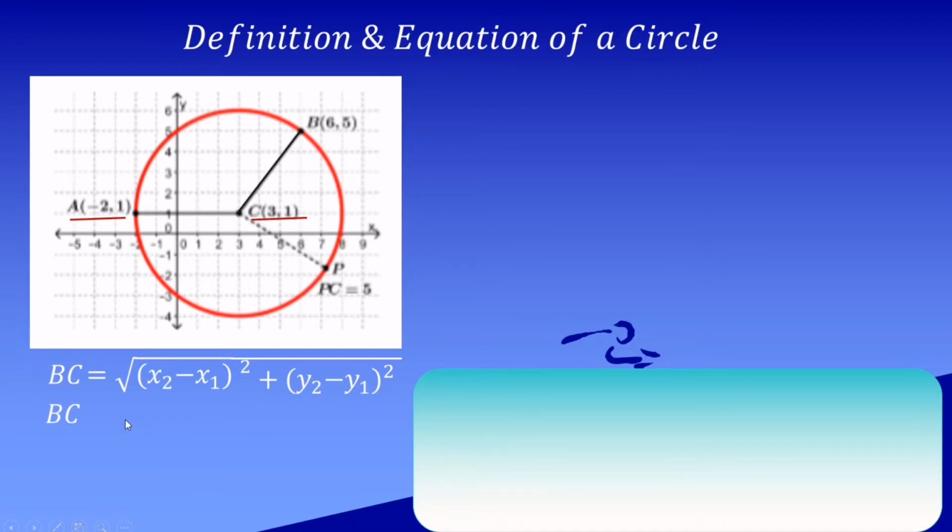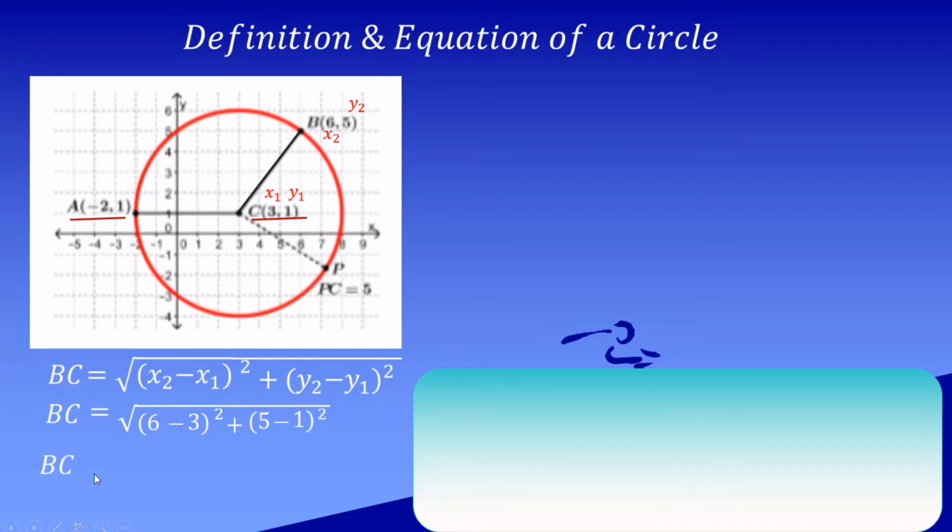Then BC is equal to, so let's consider all the points here, x sub 1, y sub 1, then x sub 2, y sub 2. Substitute natin lahat, x sub 2 is 6 minus x sub 1 which is 3, this squared, plus y sub 2 which is 5 minus y sub 1 which is 1, then squared.